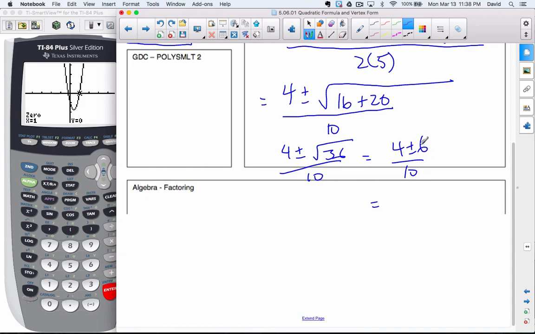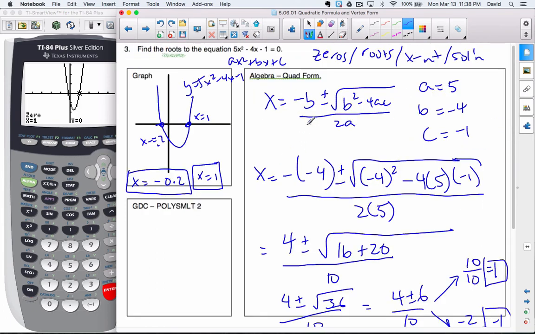I have two solutions here. One of them is 4 plus 6 is 10 over 10, which is equal to 1. And the other is 4 minus 6, which is -2 over 10, which is -1/5. So here are my two values for x.